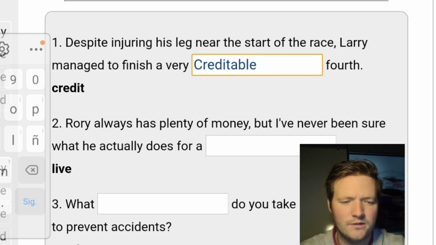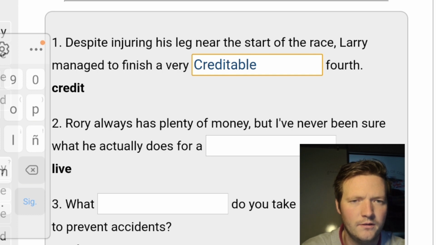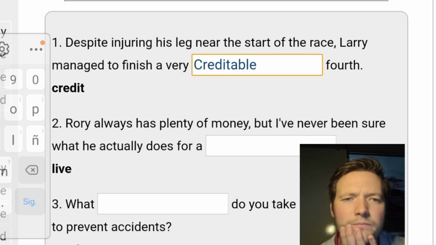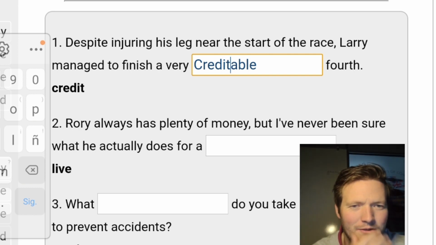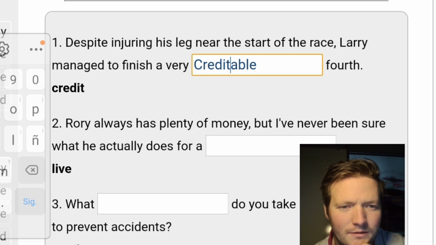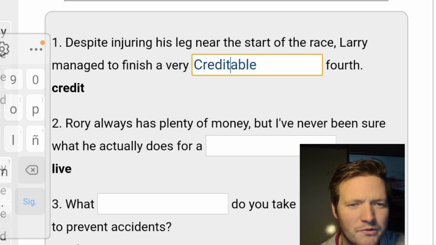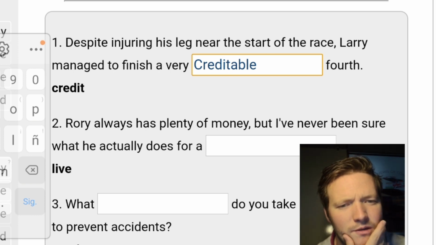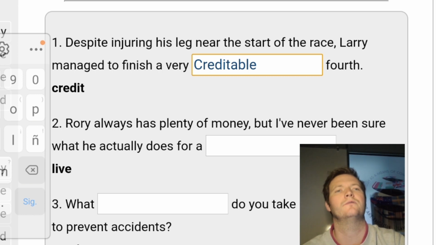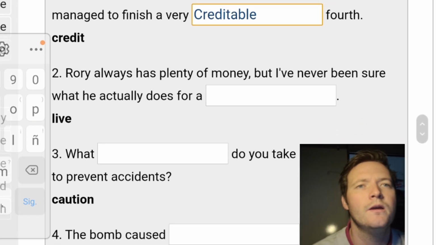Does creditworthy exist, or am I completely inventing that? It does exist. Now I'm doubting that creditable exists as well. What is creditworthy? It's like trustworthy, roadworthy. I don't know what creditworthy is. Anyway, I think creditable is the correct word.